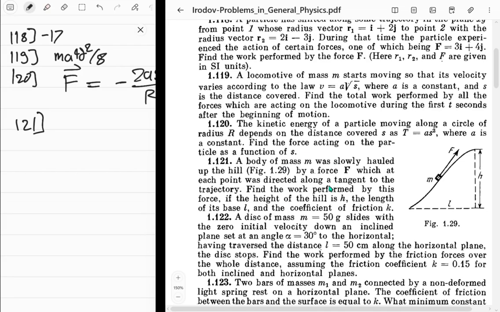Find the work performed by this force if the height of the hill is h, the length of its base is l, and the coefficient of friction k. Wait, what? But this trajectory in itself, okay, this is bad.